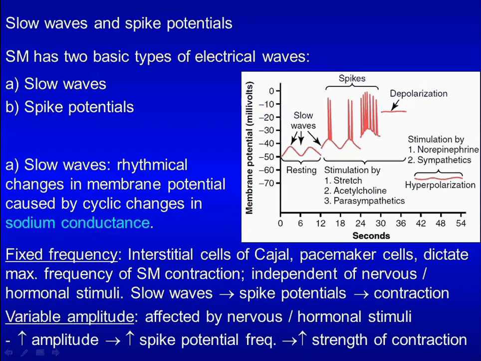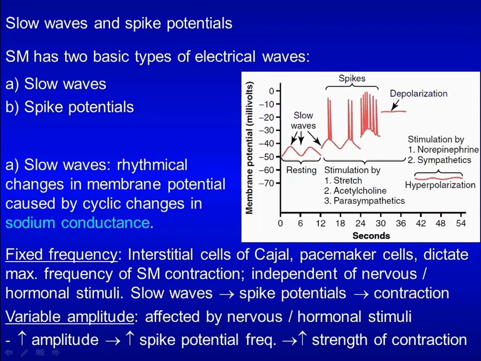The frequency is determined by interstitial cells of Cajal, pacemaker cells. Except in the stomach, slow waves usually do not by themselves cause muscle contraction. Instead, they mainly trigger intermittent spike potentials, which in turn excite muscle contraction.